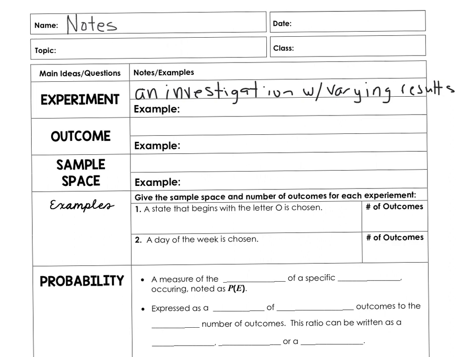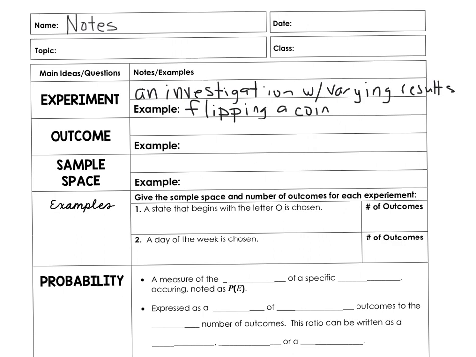Okay, so for example, your experiment might be that you're going to flip a coin. And in the experiment, you are going to record what are called outcomes.